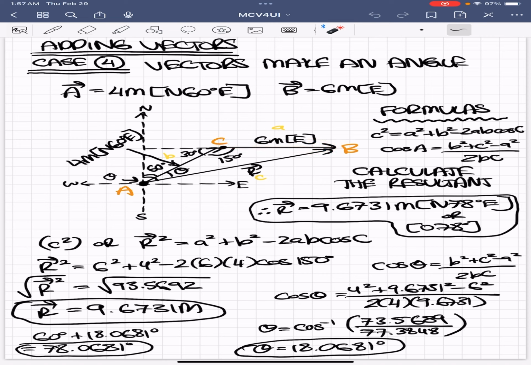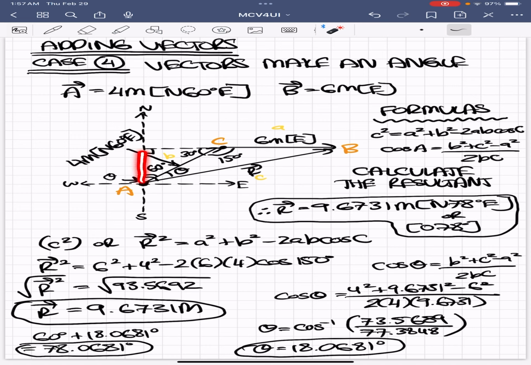And then what we did was we connected vectors A and B, and we created our resultant. So this line here is our resultant. So this right here is a 90-degree angle. So we have this triangle, right?